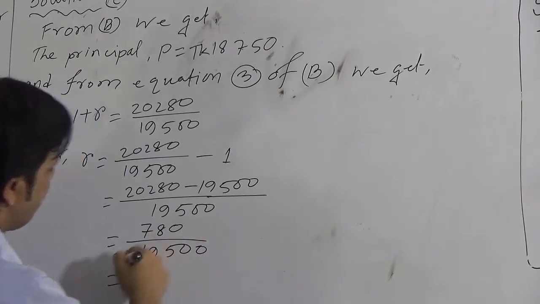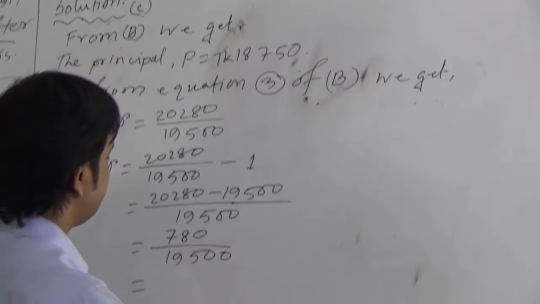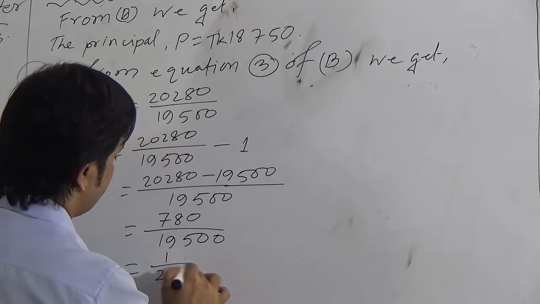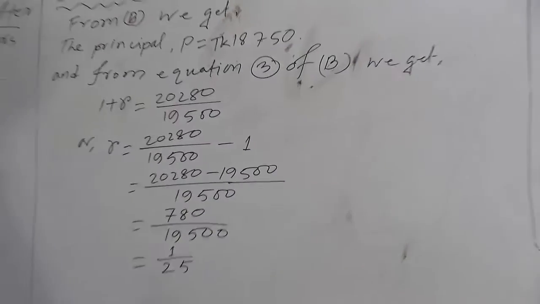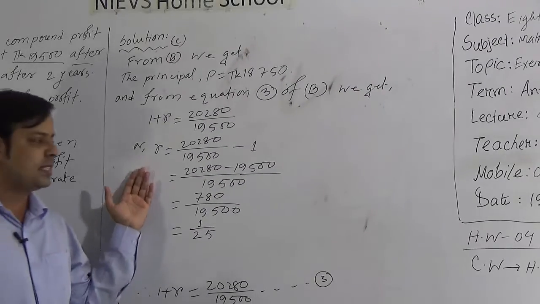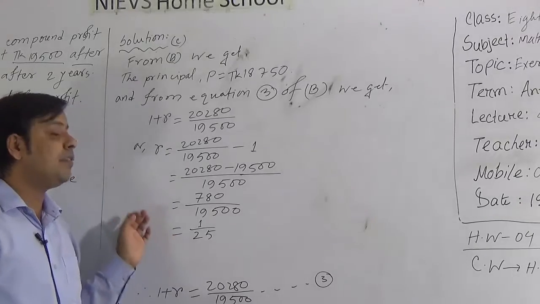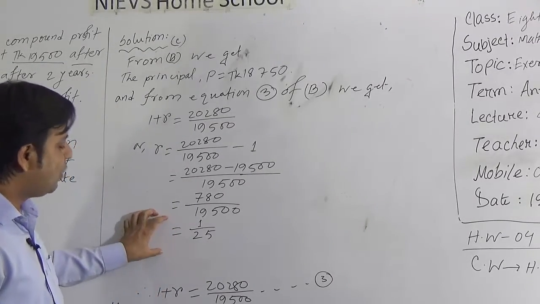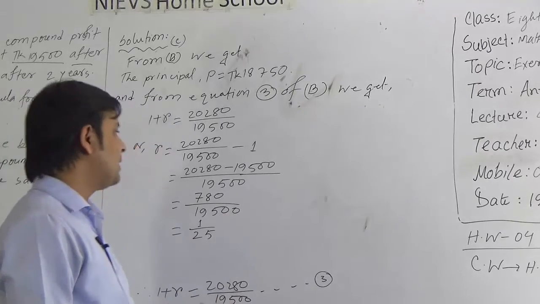If you cut this fraction, dividing 19500 by 780, it will be 1 by 25. So the value of R is 1 by 25. No need to express this R as a percentage, as only the value of R is needed here. So using this value of R, we can determine the simple profit and compound profit easily.